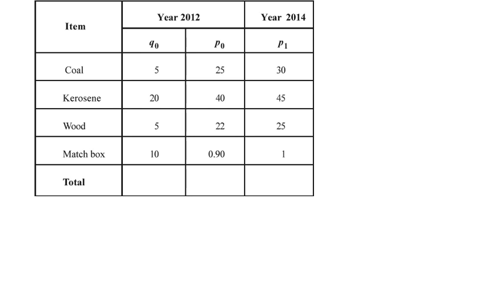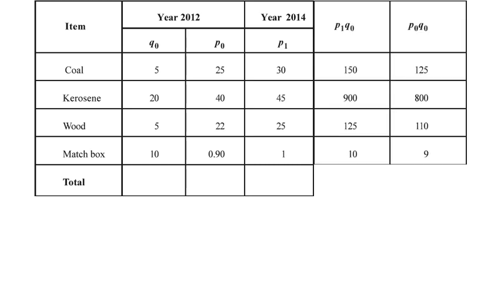Start with the question itself. Items called coal, kerosene, wood, matchbox, year 2012, 2014, Q0, P0, P1. Get two columns, P1 Q0 and P0 Q0. Multiply the P1, Q0 columns, get the answer. Multiply P0, Q0 columns, get the answer. Make a total.